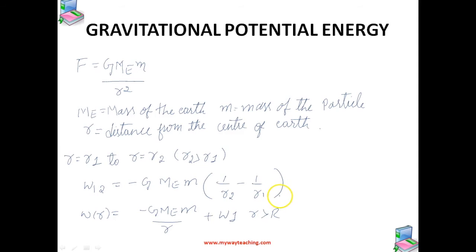So once again we can write W12 = W(r2) - W(r1). Setting r equal to infinity in the previous equation, we get W = W1. So this W1 is the potential energy at infinity.